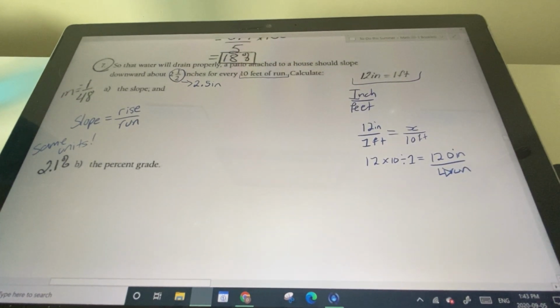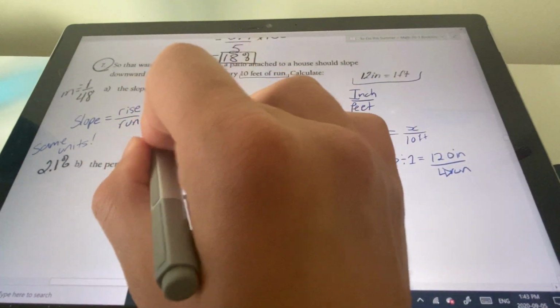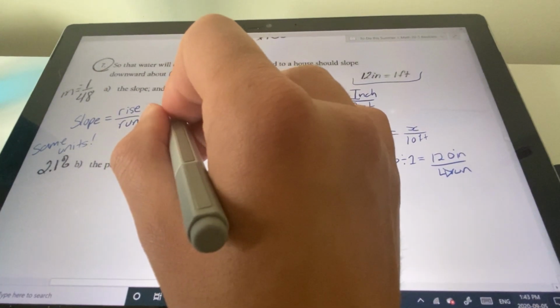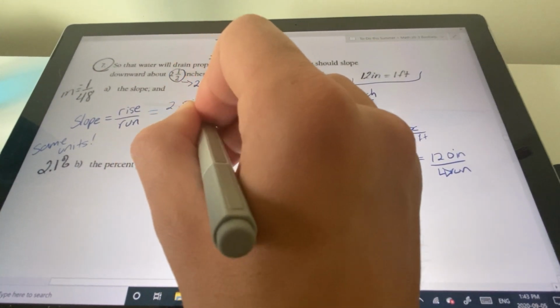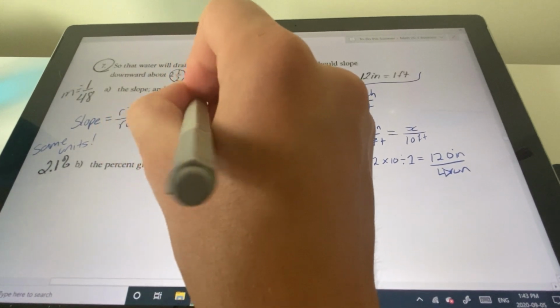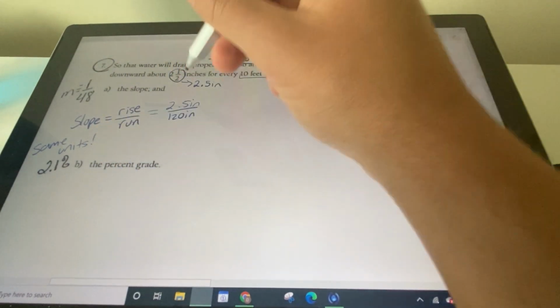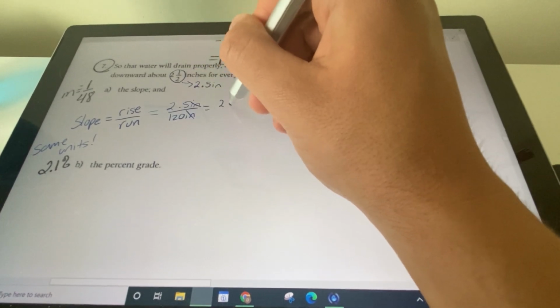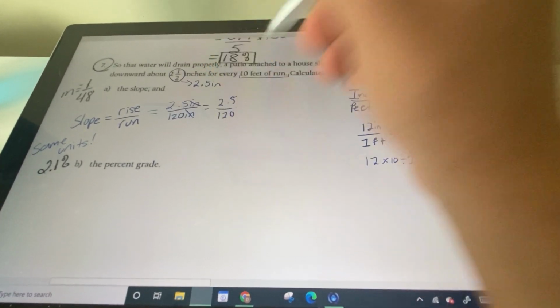To figure out our slope, we need to put rise, which is 2.5 inches, over our run, which is 120 inches. Recognize they're both the same units. That initial calculation, you need the same units. Now the units cancel out and you get 2.5 over 120.